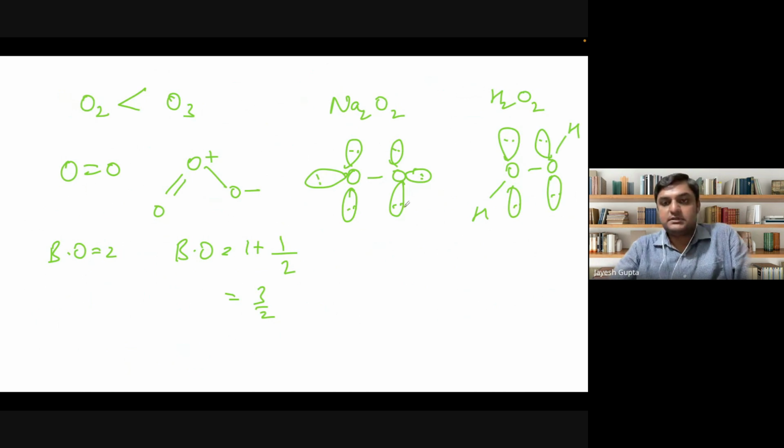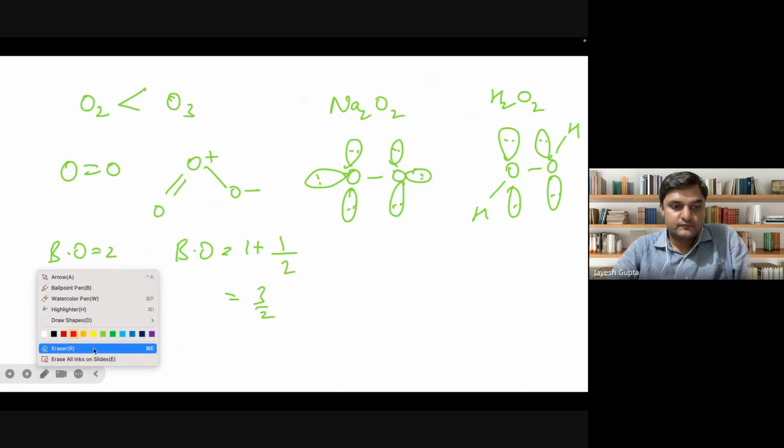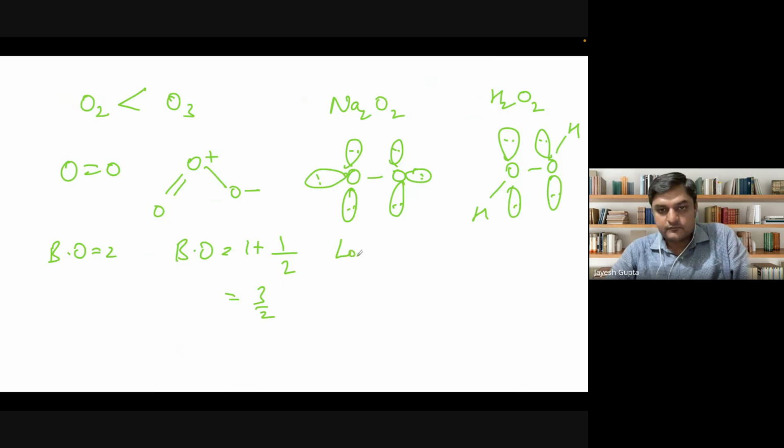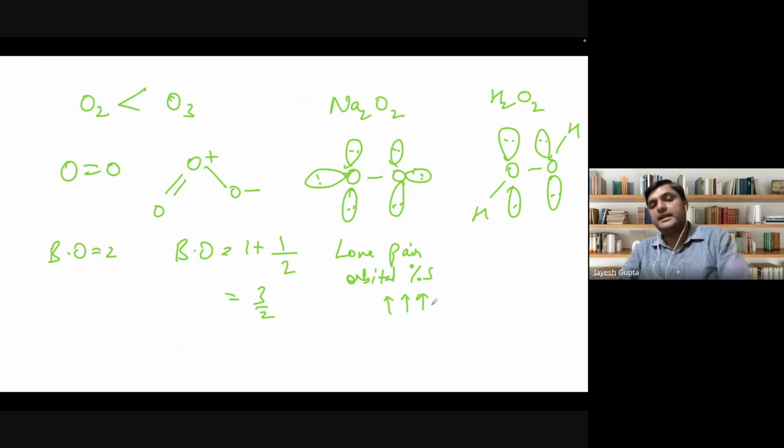Now between H2O2 and Na2O2, the difference is only of lone pairs. So the lone pair orbital percentage S character will increase, because the lone pair will take the position where there is more EN, so more percentage S.